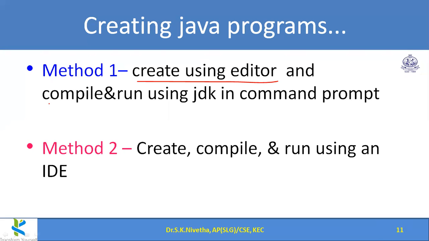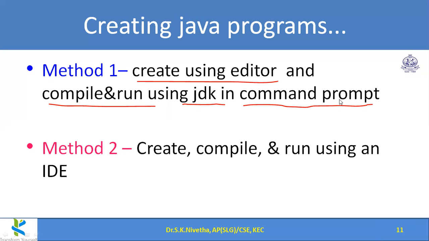Then we can compile this Java program and run it once the JDK is installed, by opening the command prompt and running it. I'll show you how to do this. First we shall see the basics, and parallelly I'll be showing.